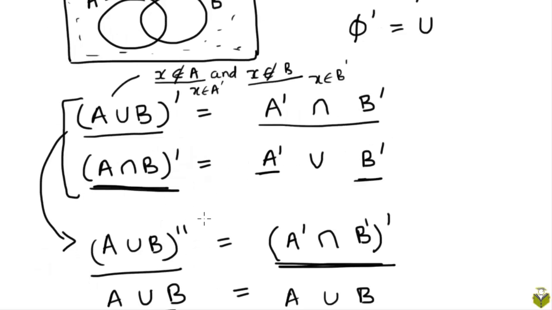So if you consider these two laws together, the effect of taking the complement is to invert this sign. If it's union, it's going to become intersection, and if it's intersection, it's going to become union, and the complement operation will get applied to both of these sets individually. These laws are known as De Morgan's laws, after the mathematician who found them.